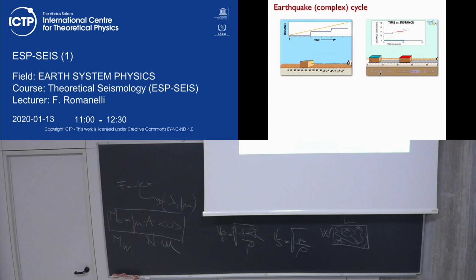Well, Kanamori said that it was the first letter that was available after P, S, L, and other things. But there is a nice way to remember it, because W can also be understood as work. And work is something similar to Newton times meters. But yes, that's moment magnitude, seismic moment, moment magnitude. But it's just a prequel.